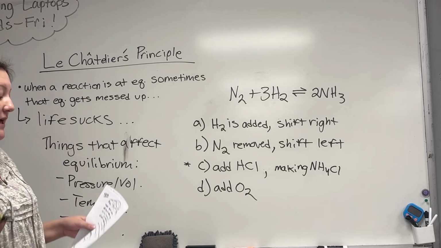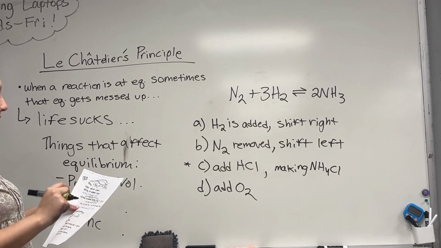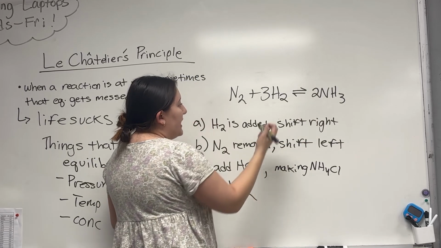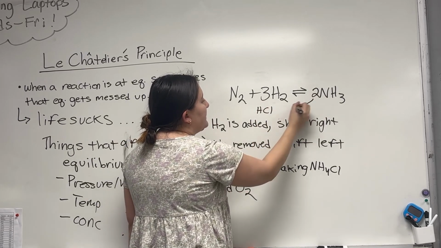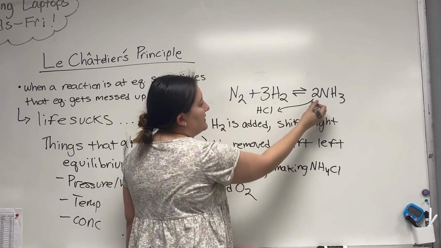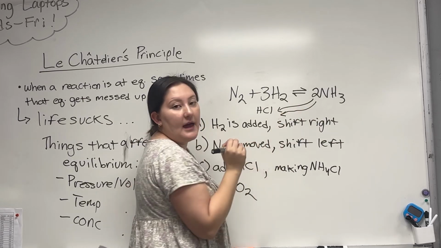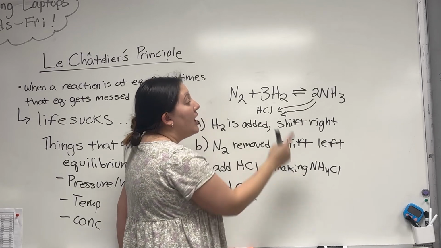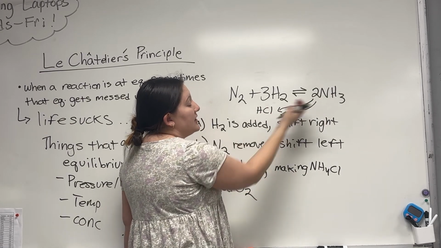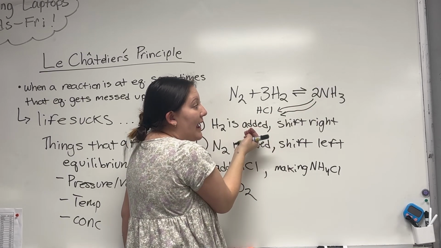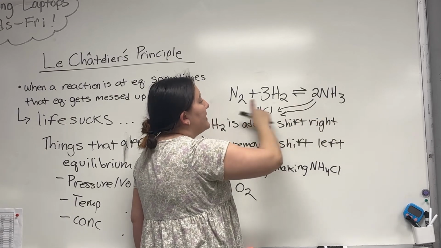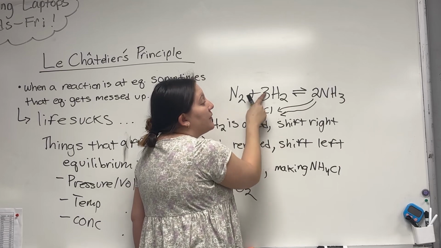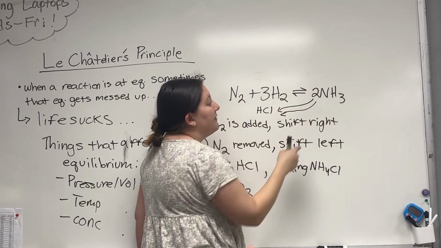The reasoning why is because the HCl is going to steal some of this NH3. So if I add HCl and it wants some of this, it's gonna be pulling this over towards it, okay? It's gonna be stealing NH3 away to make the NH4Cl. So if I'm essentially taking the NH3 away, that means I'm gonna shift to the right because this reaction pertaining to all three of these things up here is going to, again, try to fill in the gap, try to fill in the hole.